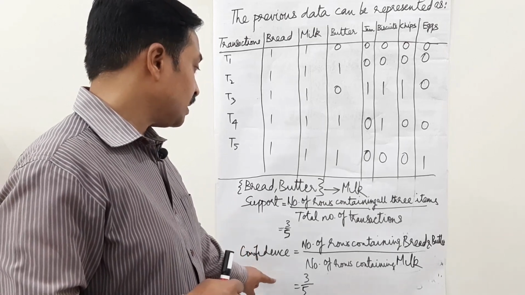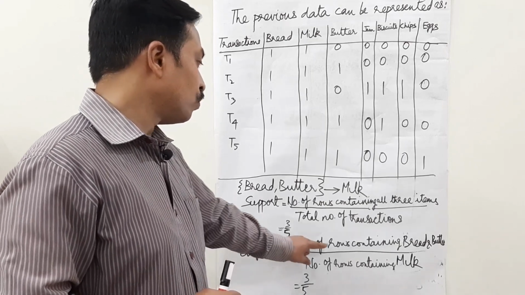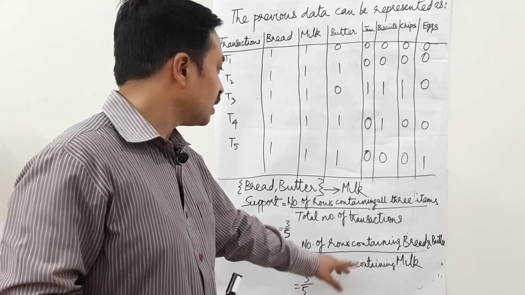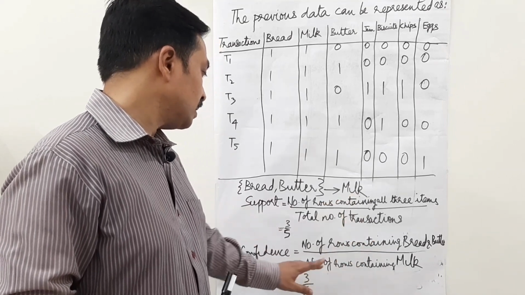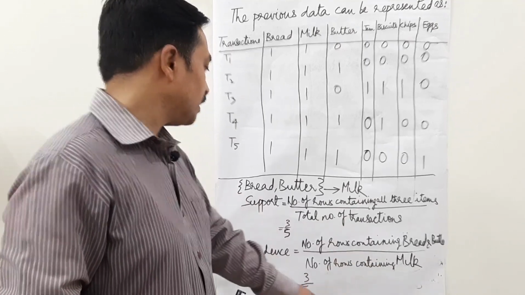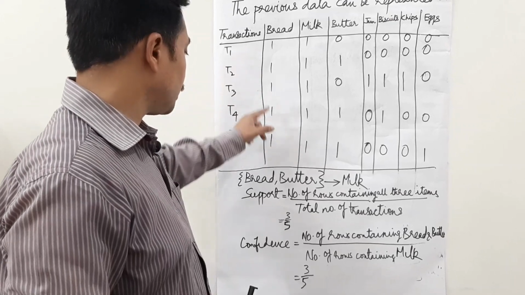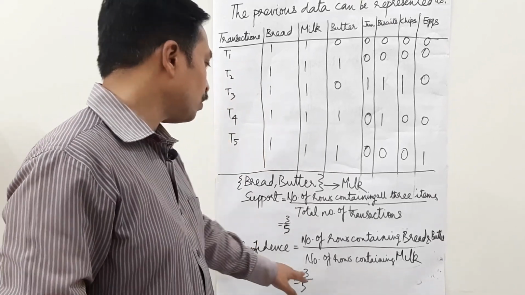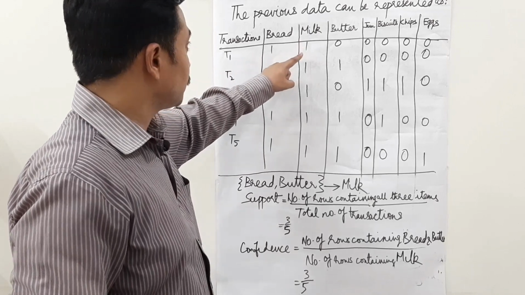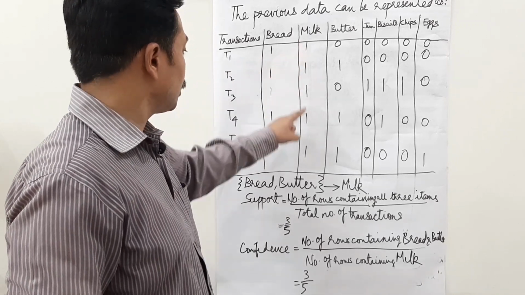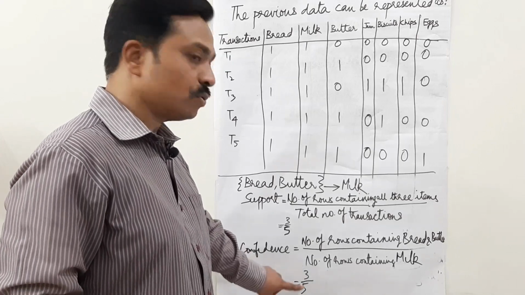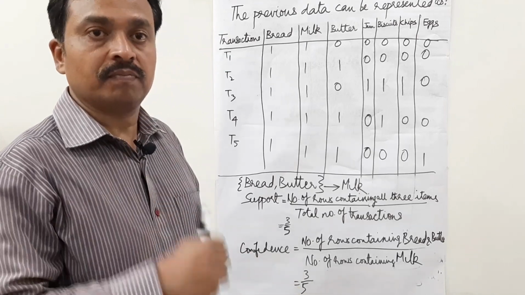The confidence is the number of rows containing bread and butter divided by the number of rows containing milk. The number of rows containing bread and butter are 3, as we have seen previously, and the number of rows containing milk are 5, since the purchase of milk takes place in all 5 transactions. The confidence would be equal to 3 upon 5.